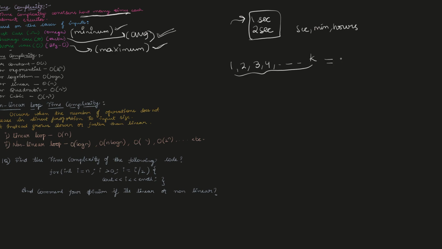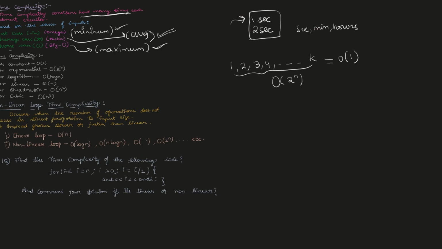For all the constants, the time complexity is represented as order of 1. When you compare the other one, exponential, it is represented with order of 2 power n. For logarithm, it is order of log n. For linear, it is order of n.